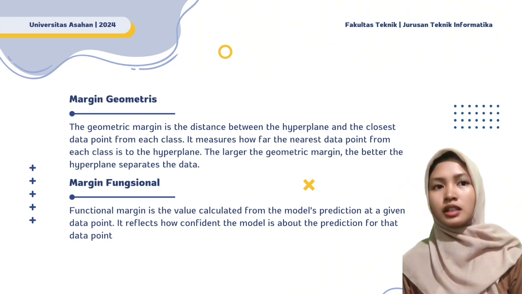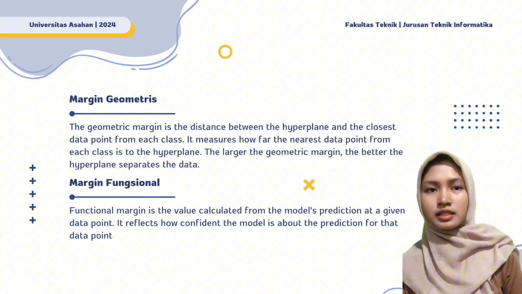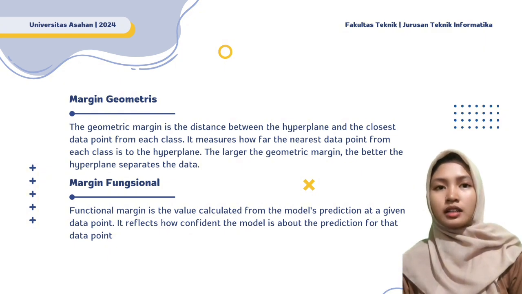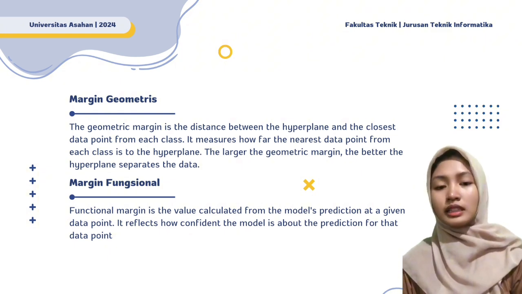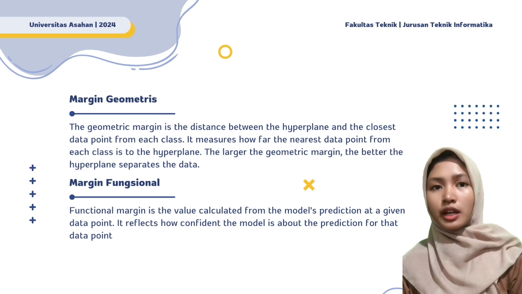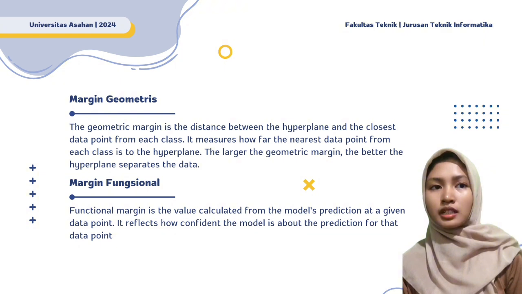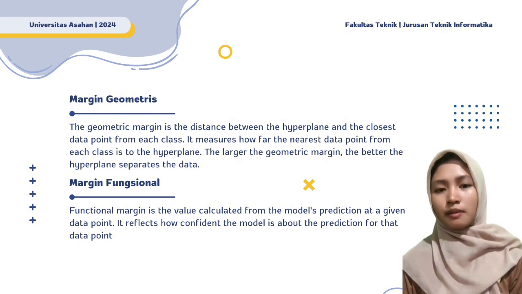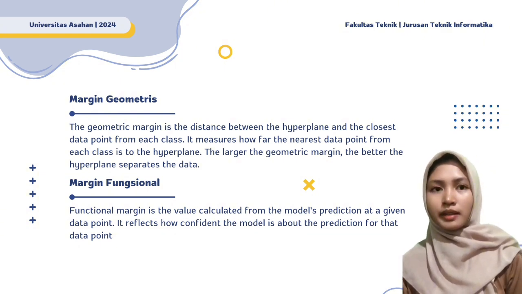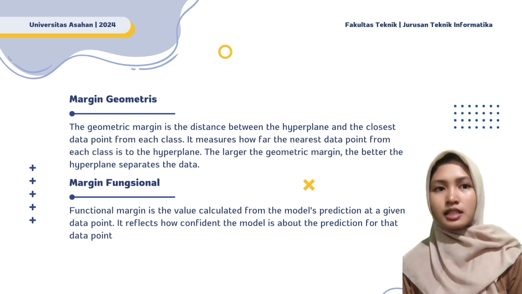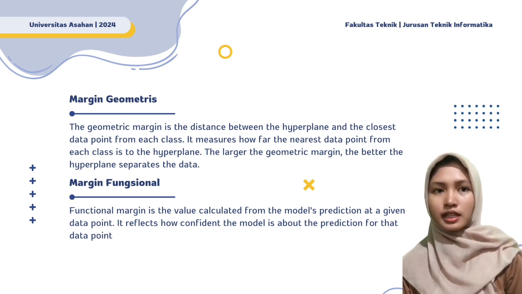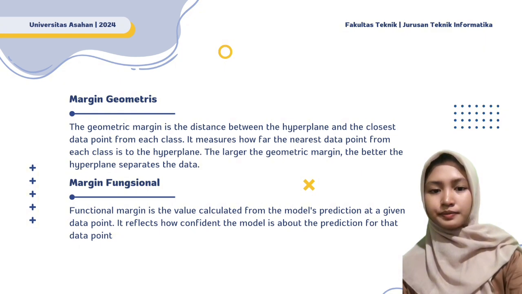The larger the geometric margin, the better the hyperplane separates the data. The second, the functional margin, is the value calculated from the model's prediction at a given data point. It reflects how confident the model is about the prediction for the data point.